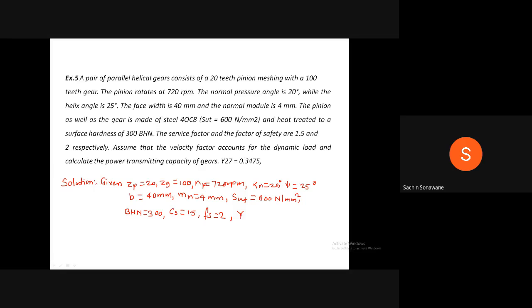Then Y27 they are given. Y27 is equal to 0.3475. Therefore, these are the given quantities. Now we will solve the problem.